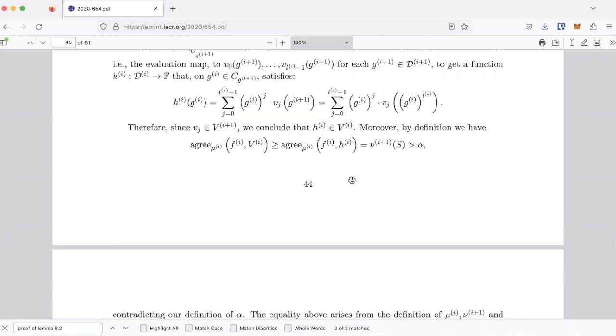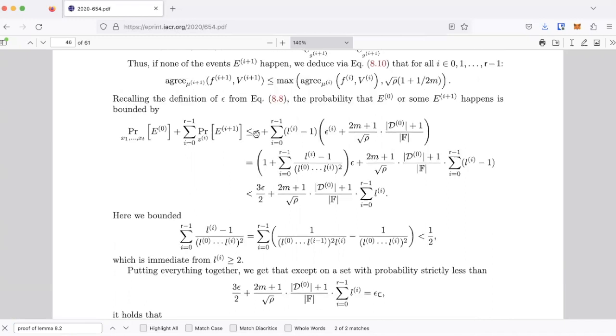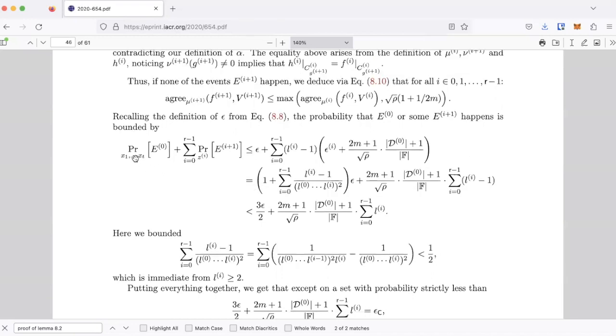It's the very end of the paper. There's this algebra here, and it's this epsilon, which is part of both of these. This weighted correlated agreement thing is coming out of both here and here.